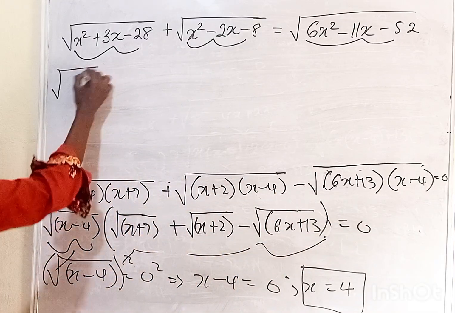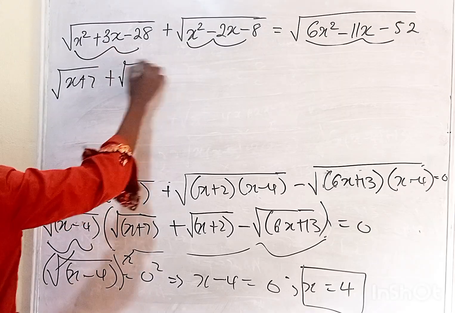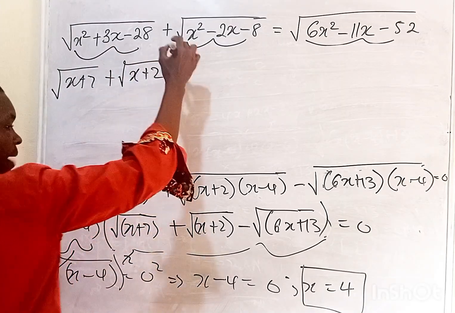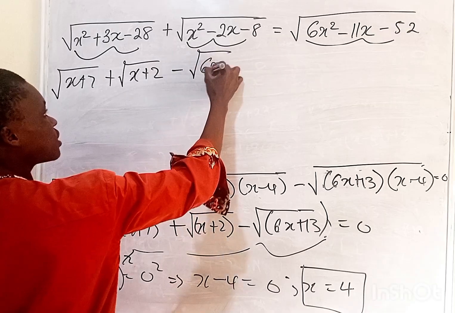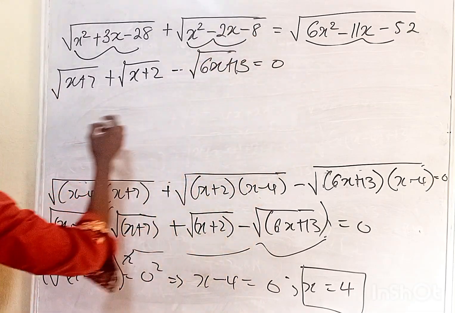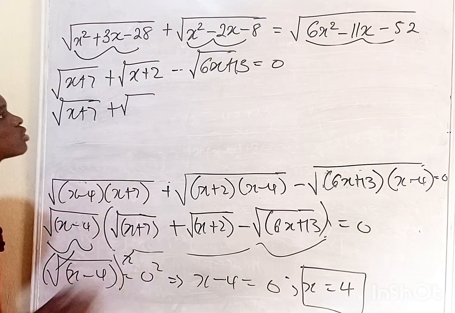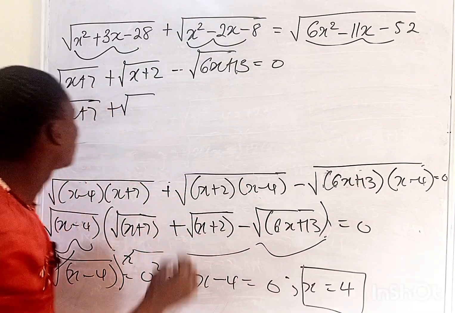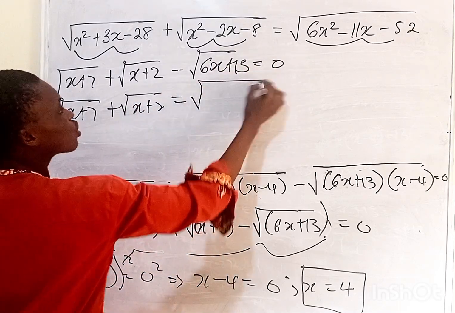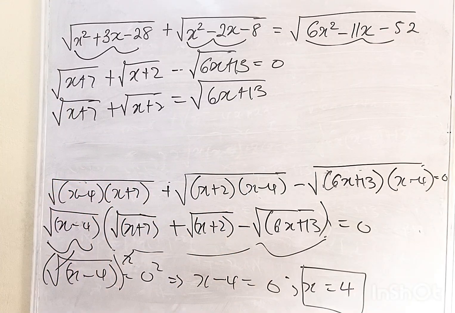So we have the square root of x + 7 plus the square root of x + 2 minus the square root of 6x + 13 equals 0. If we take the negative across to the other side, it becomes the square root of x + 7 plus the square root of x + 2 equals positive the square root of 6x + 13. Right, so from here we square both sides.